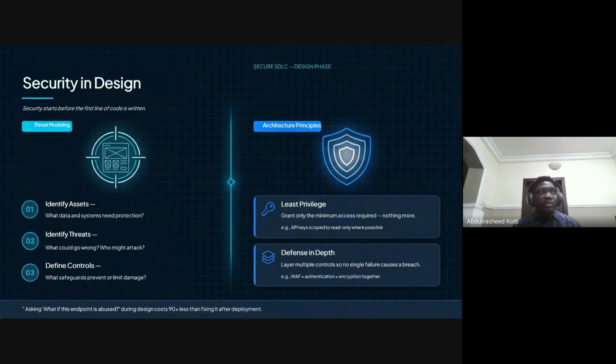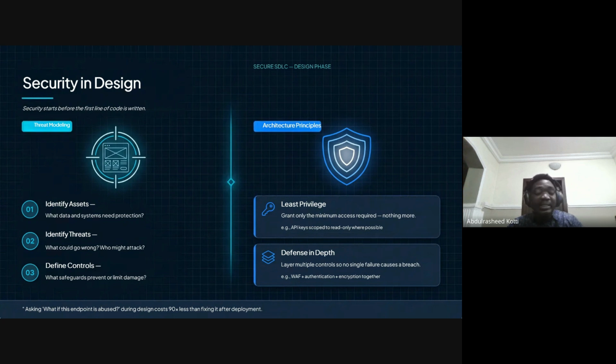Now let's talk about security in design. Security begins at the design stage because before we write code, we need to ask the important things like what are we protecting? For example, it can be user data, can be financial data, and we need to ask what can go wrong, because we now know what we are trying to protect here.